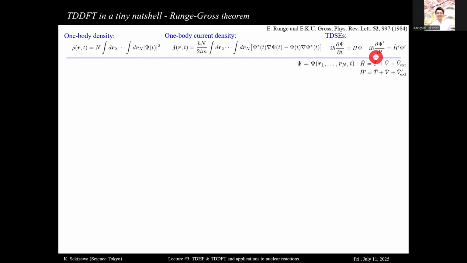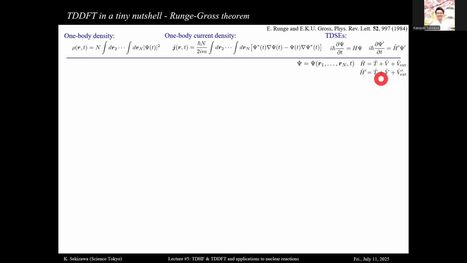And I will use this TDSE, time-dependent Schrödinger equations, for two cases. One is the system described by H and H prime. They are different only by the external potential V and V prime.